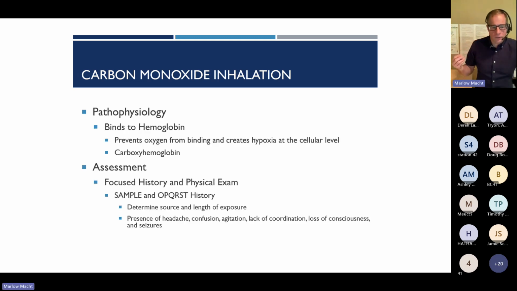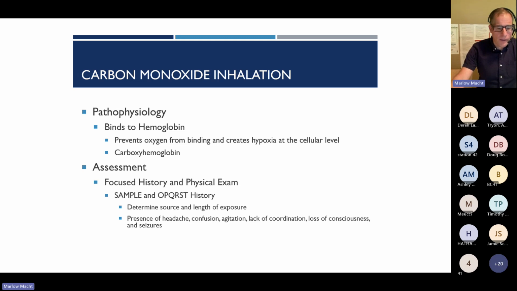Carbon monoxide causes problems by binding to the hemoglobin to form carboxyhemoglobin. It binds more strongly than oxygen does, so it creates cellular hypoxia. For that reason, your pulse oximetry is going to be falsely reassuring.